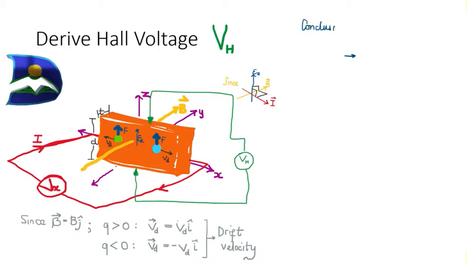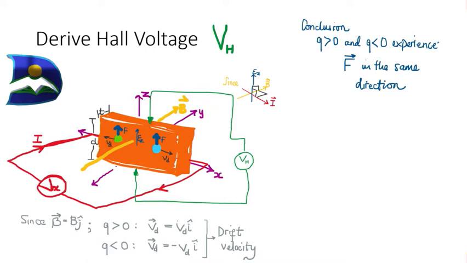So in here, in conclusion, what we notice is that since the quantity of charge is greater than 0 and the quantity of charge is less than 0, we can actually experience a force that we consider to be in the same direction for both particles. So this is highlighted right there in the particular diagram.